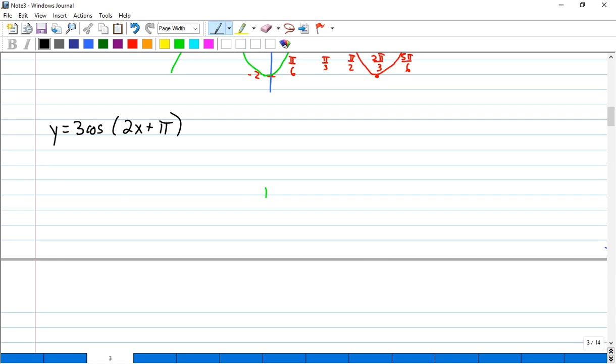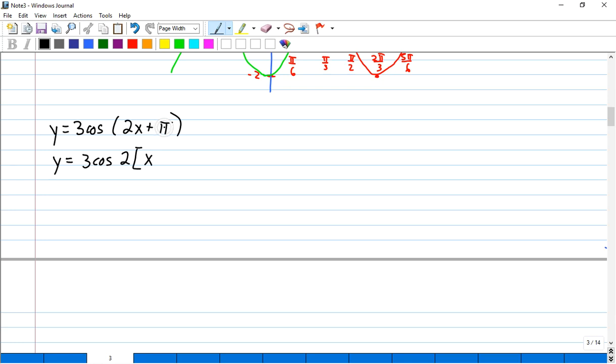All right, so the first thing that we would want to do is factor the omega out. Does the whole negative and positive still apply on cosine? The negative or positive in the equation is going to matter here. All right, so rewrite the equation by factoring the omega out. So it's going to be 2 times.